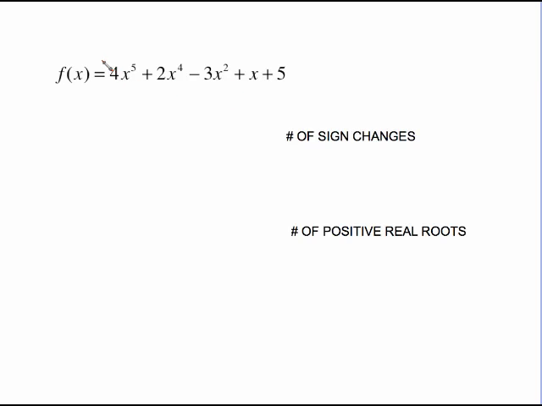Take a look at this one. This is positive. Positive next to positive, that's not a sign change. But positive next to negative, that is a sign change. Negative next to positive, that is a sign change. Positive next to positive, that is not a change. There are 2 sign changes. Therefore, there are 2 positive real roots, or there are no positive real roots.